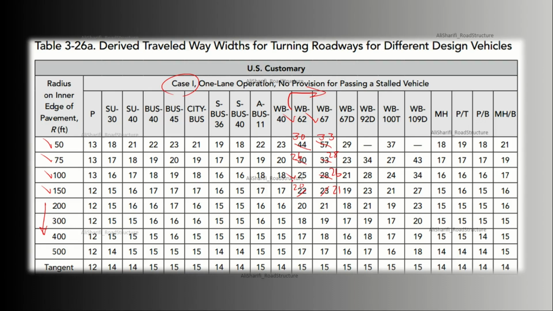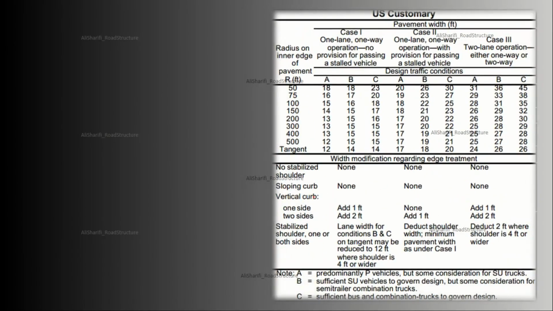Now let's demonstrate how to use the design table for determining turning roadway widths. Suppose that you're gonna determine the needed widths for a turning roadway with an angular radius of 100 feet, which is part of two major rural arterial intersection.